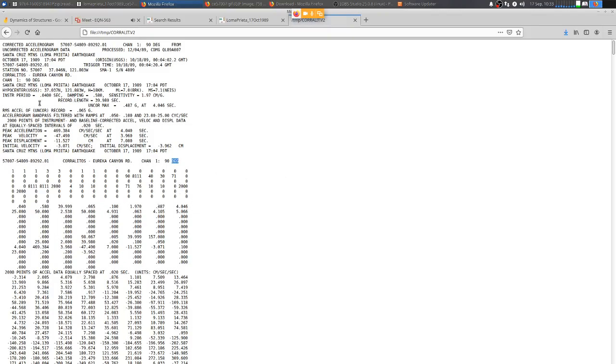Yeah. So can you see this? Yes, you can see this is corrected accelerogram. That is what we get when we apply the instrument correction, baseline correction, etc., to get those data which can be used for engineering analysis. That's what we call as corrected accelerogram.